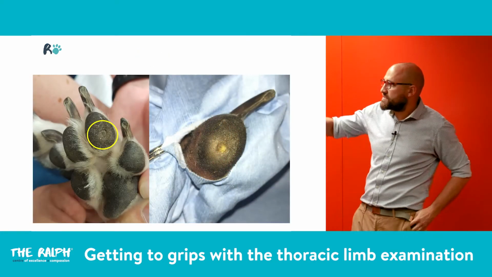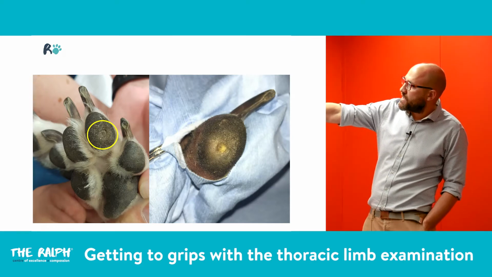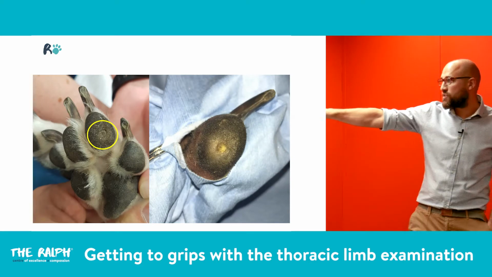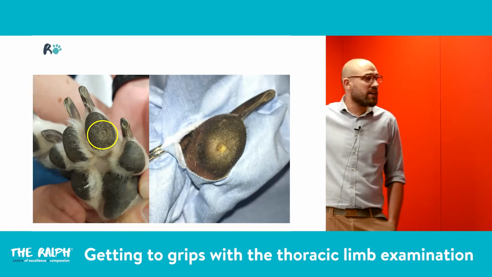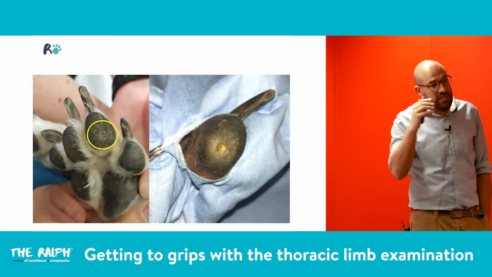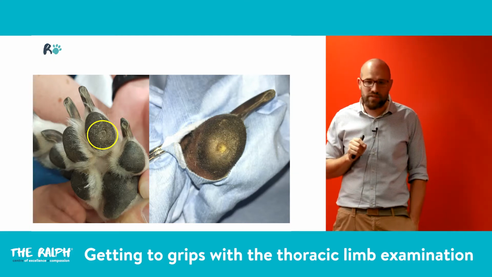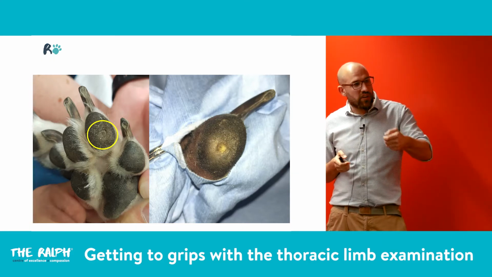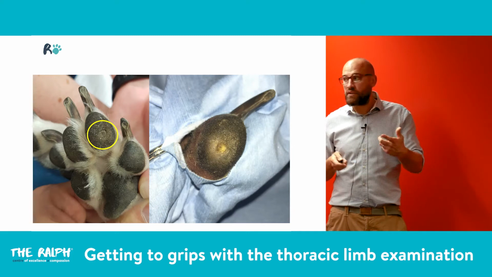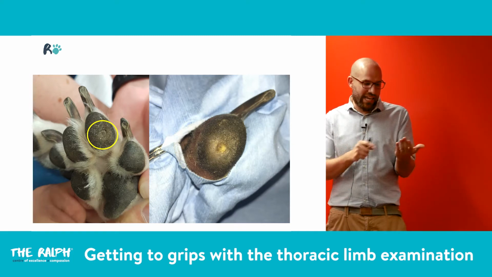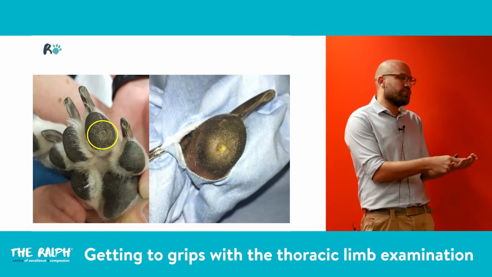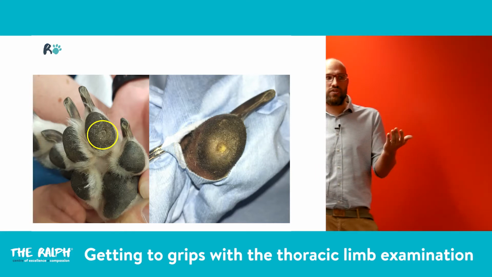So, for example, like this dog on the right, I saw it 2 weeks ago, and this corn wasn't as obvious as you can see there. I could see that the pad was all cracked, but then you couldn't see the corn so obviously. So I was squeezing the corn, and the dog was responding to pain. But then, of course, if I cannot see the corn, I'm not going to start doing surgery simply because the dog showed some pain.